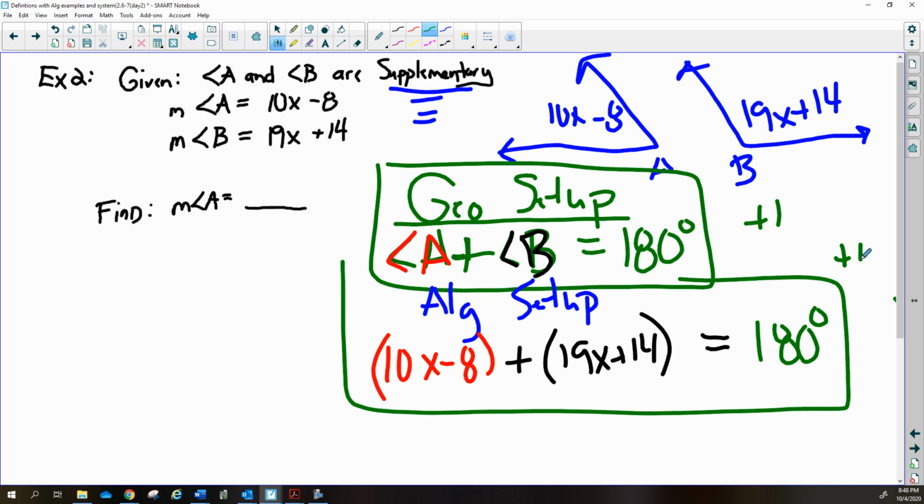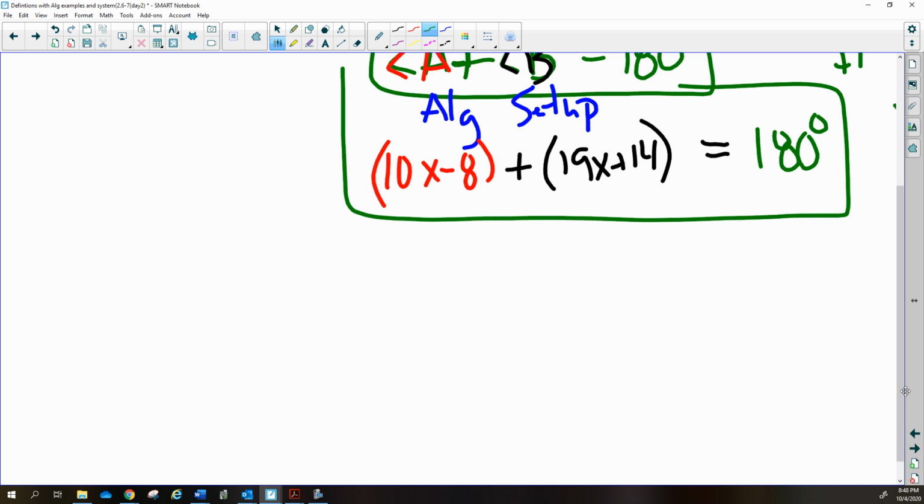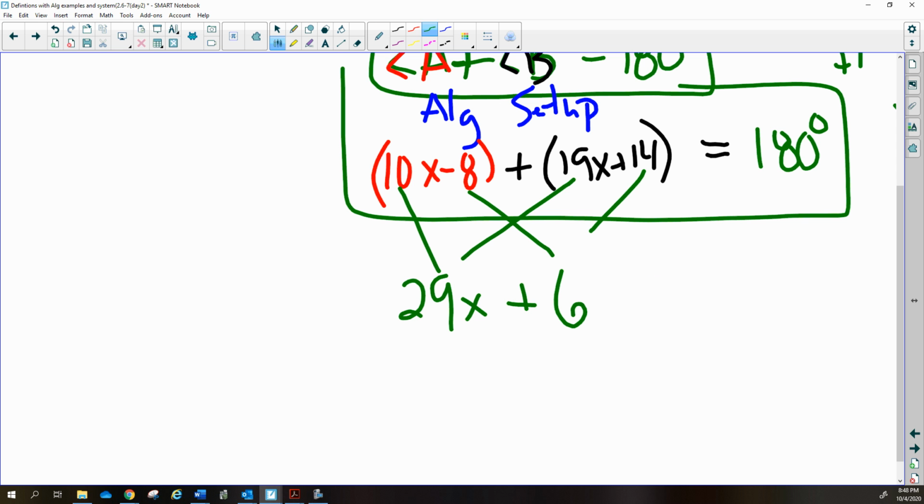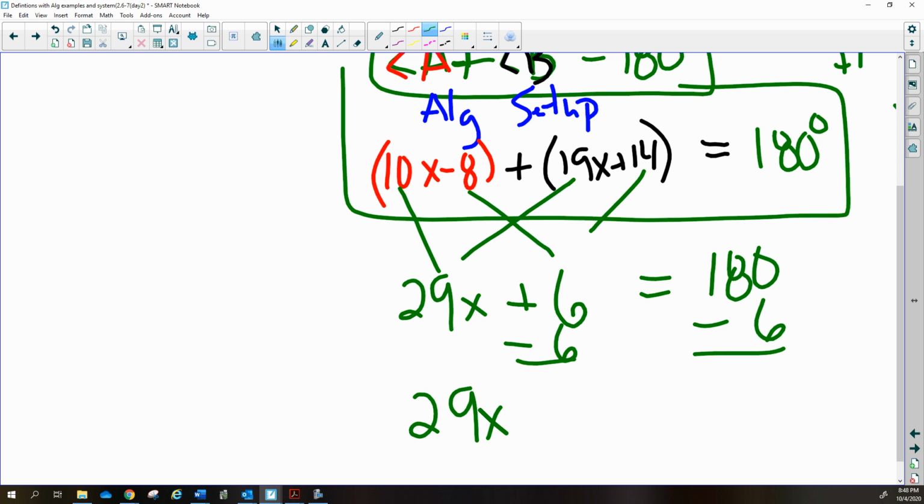Now it's a process of solving. We're going to combine like terms over here. So we get 29x. Combine like terms right there, we get plus 6 equals 180 degrees. After subtracting 6 from both sides, 29x equals 174.